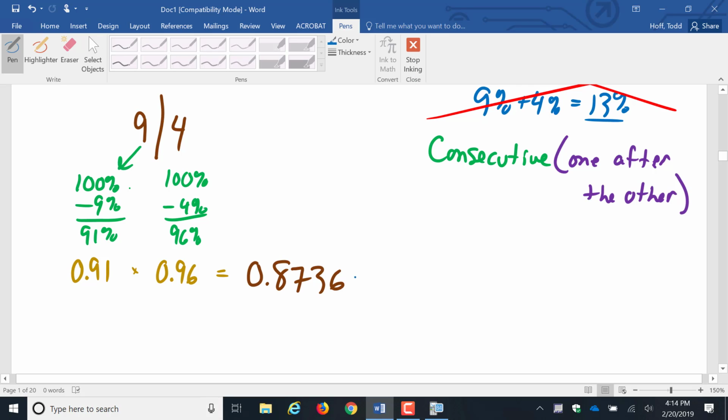This amount that I just found here is something called the net decimal equivalent. Some textbooks refer to it as the net price equivalency rate.